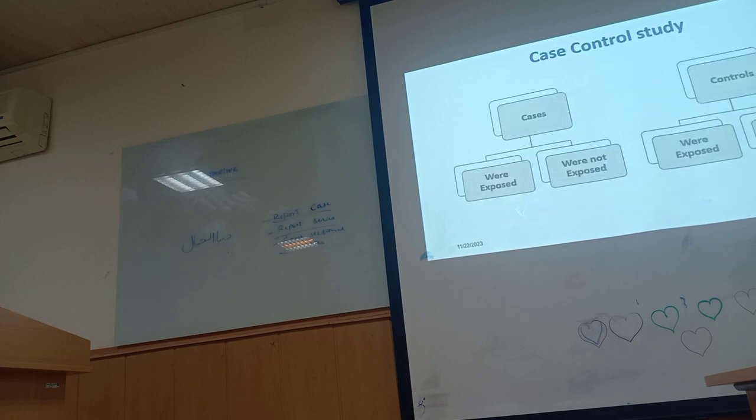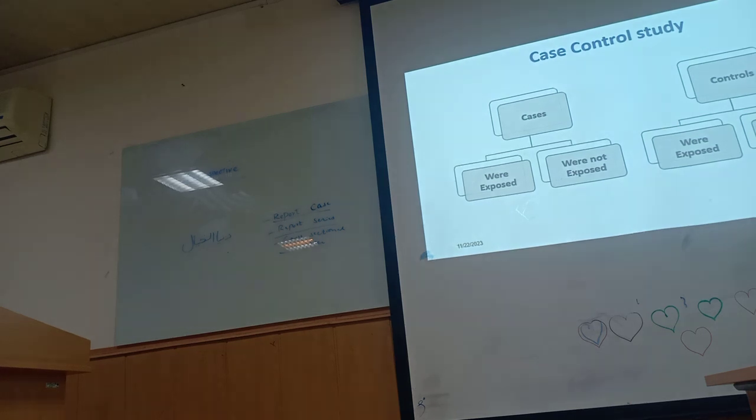So, case control study is an alternative design for cohort study. And because I said yesterday that in case control study, we cannot actually calculate the risk, but we can calculate another measure of association, which is odds ratio. Odds ratio, where are you? Come in, sit down please.